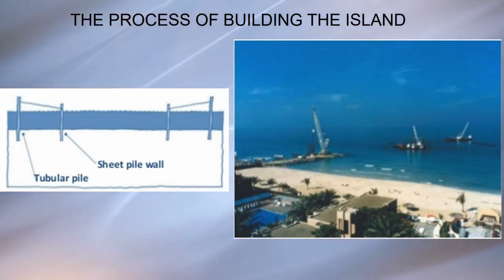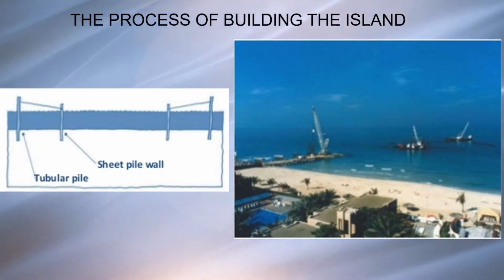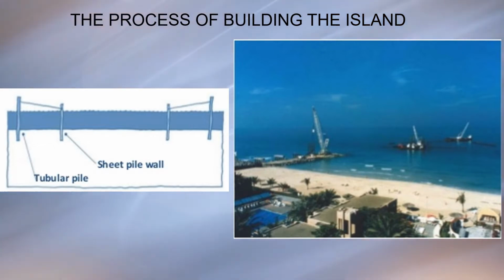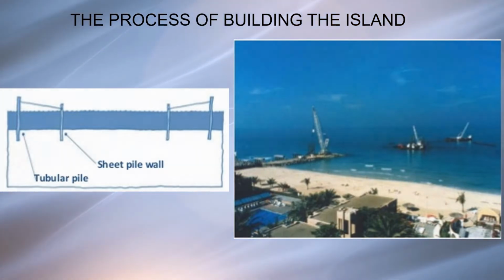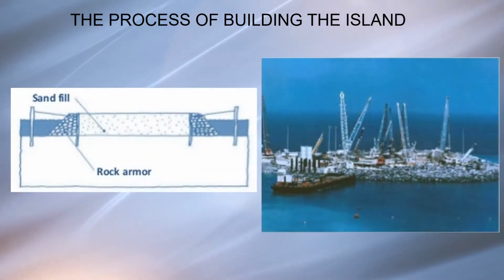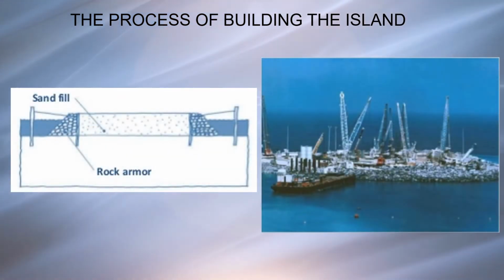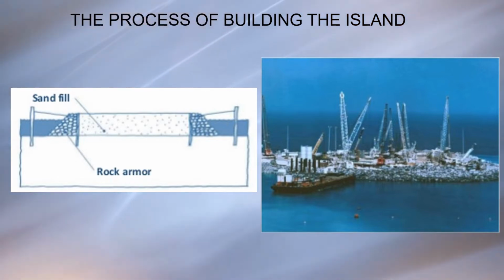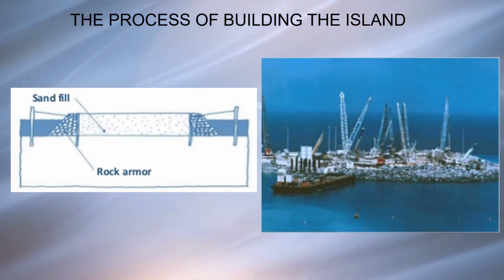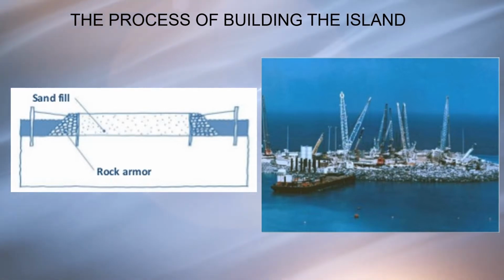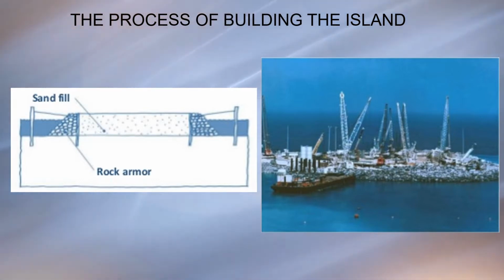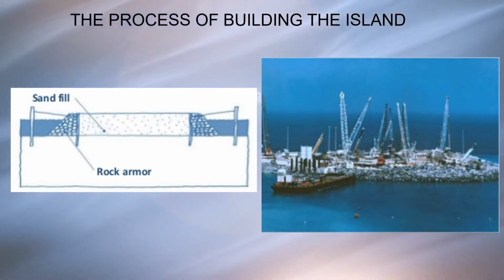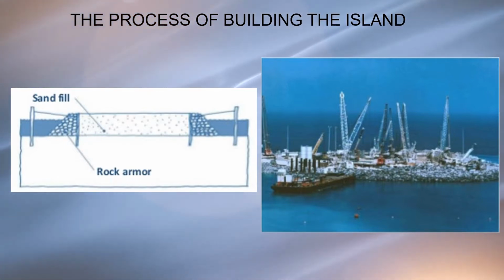Then, temporary sheet piles and tie rods were driven into the seabed to support the boundary rocks. Next, permanent boundary rock bands or rock armor were deposited on both sides of the sheet piles. Hydraulic fill layers were deposited between bands to displace seawater and form the island.